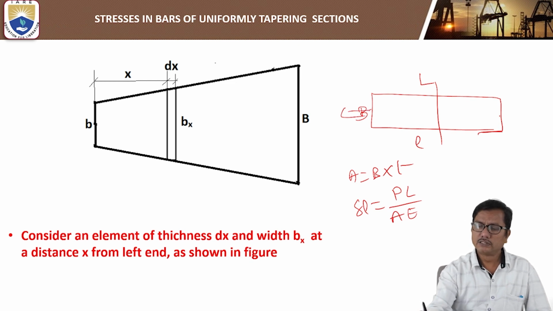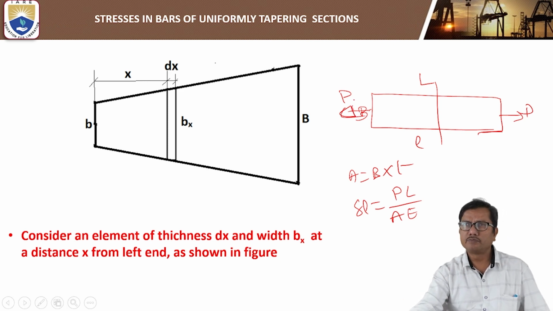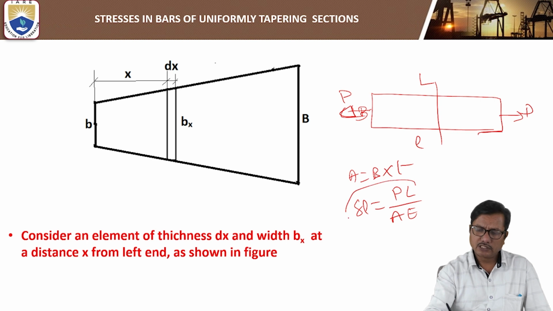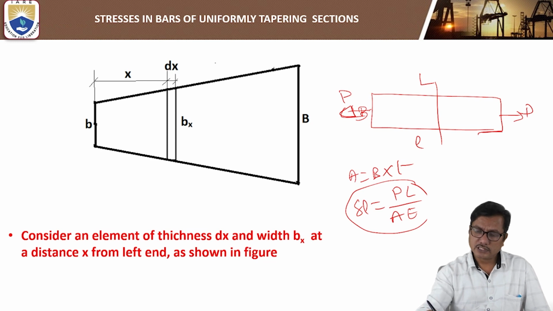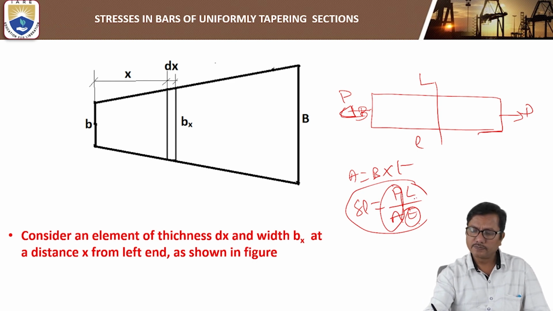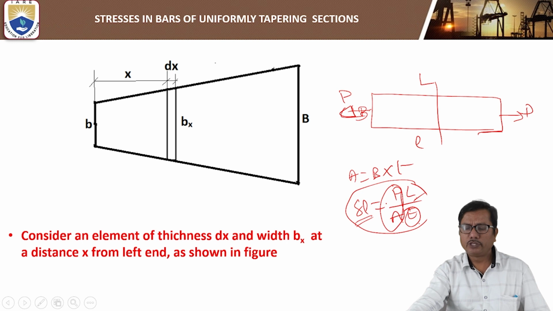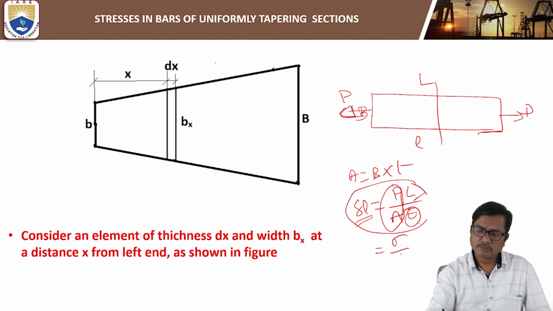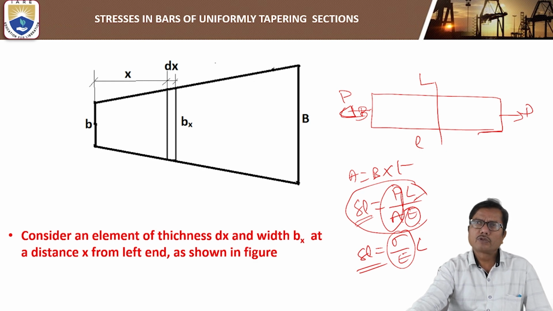This is for a bar with uniform section. P by A is stress, sigma by Young's modulus is strain, multiplied by length gives the change in length of the bar.